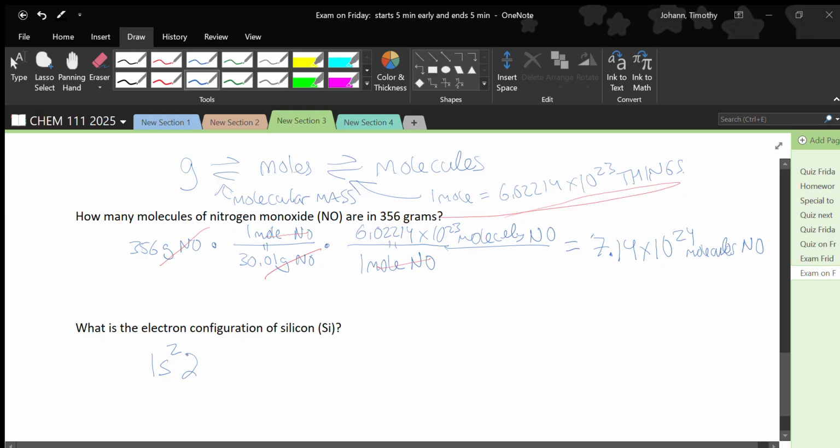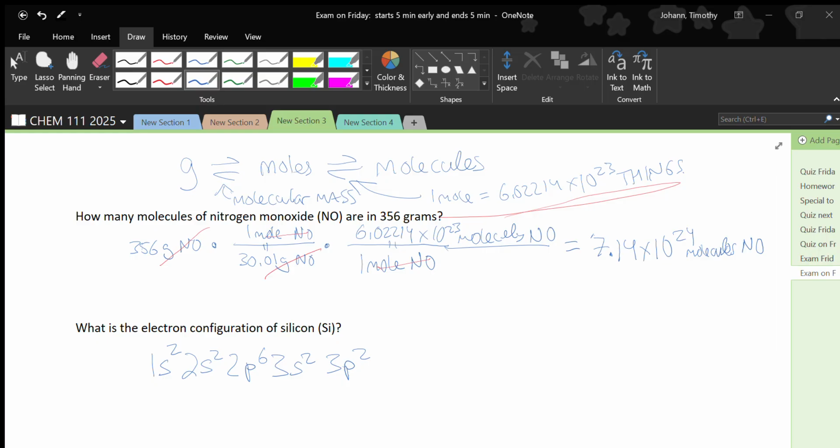Okay? So 1s2, 2s2, 2p6, 3s2. And then I look at my periodic table and get to the 3p's. For silicon, I count 1 aluminum, then silicon, 3p2. See, I can use the periodic table to get those out really fast.